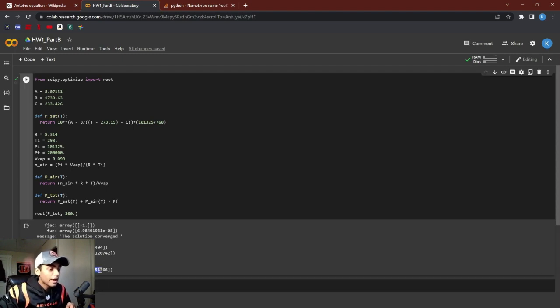But you can see that we have this output of an X value, 365. And that is actually going to be the temperature we want to bring our system up to in order to have it at that final pressure that we want. It is the root. It is the 0 in this sense, right?